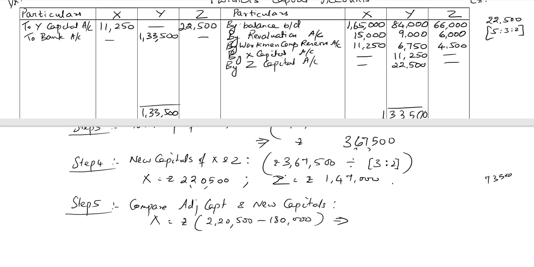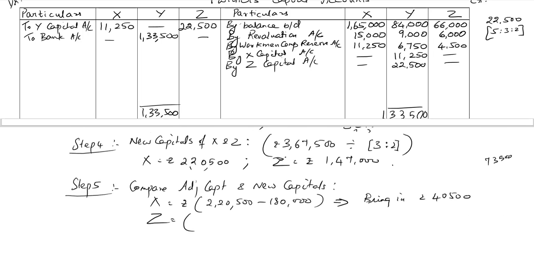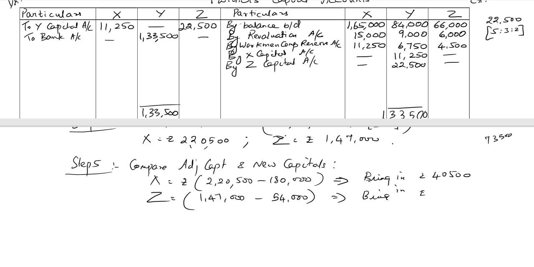So X has to bring in cash of rupees 40,500. And in the case of Z, the adjusted capital was 54,000 rupees, whereas the new capital is 1,47,000 rupees. So Z has to bring in 93,000 rupees.